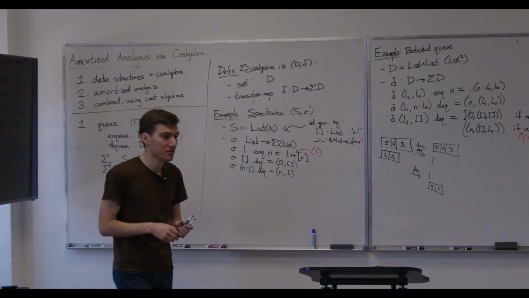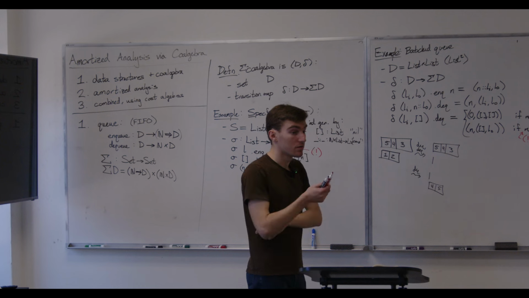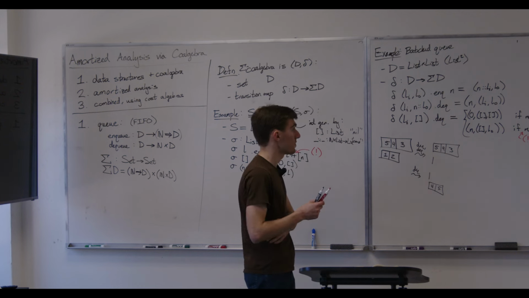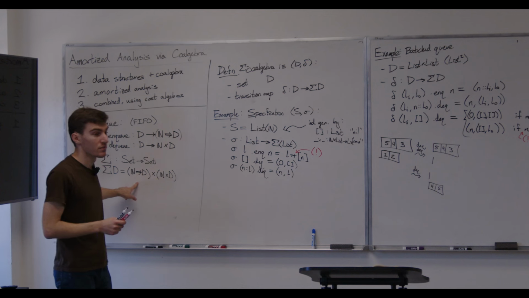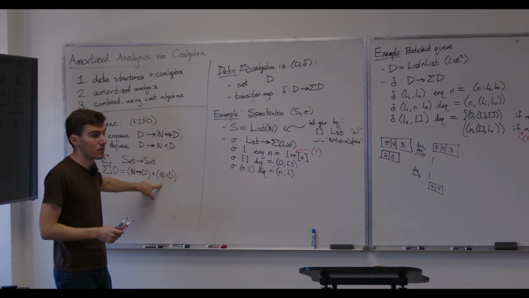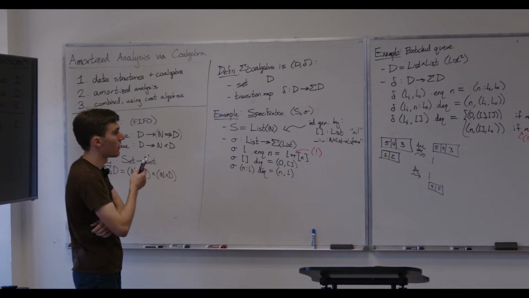Question, David, maybe? If D had been empty, this also would have worked. Don't you want some map from S? Why did you do a map into S instead of out? If D were empty, you can have it be empty if I only ask you to implement NQ. But given that I asked you to implement DQ, which has to generate a natural number, there's no map from D to sigma D if D is the empty set.